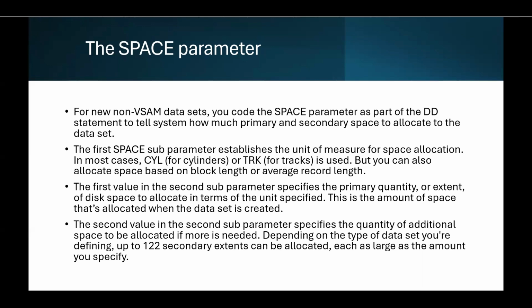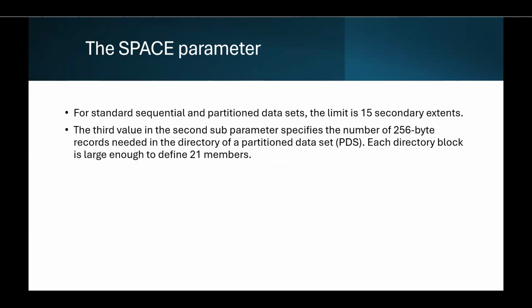So if your primary quantity is at the verge of completion, then the secondary quantity comes into the picture to extend your space. That is all about what the primary quantity and secondary quantity are.